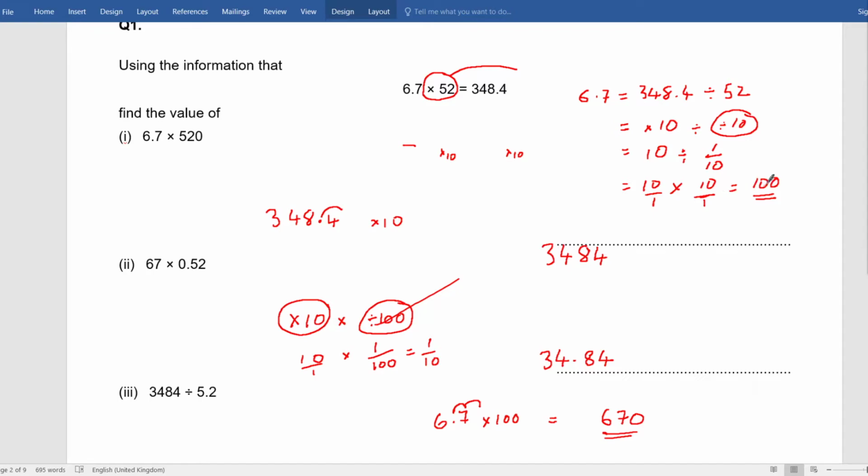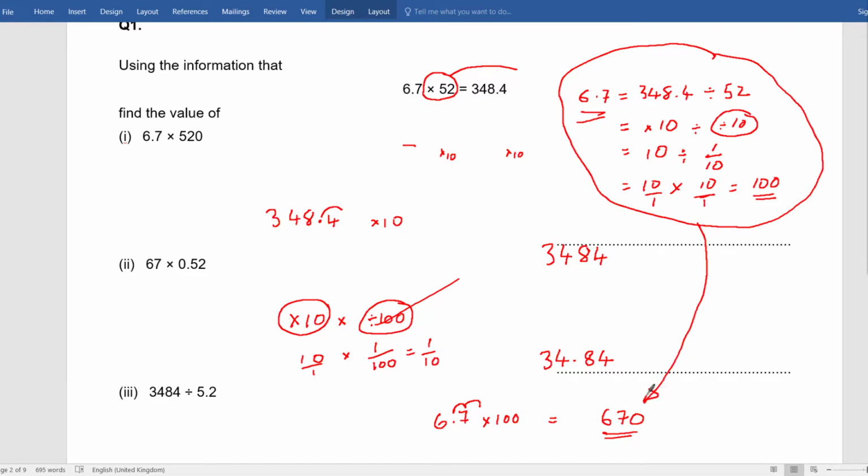So 10 times 10 is 100, over 1 is just 100, so implying that this answer here becomes 10 times bigger. So I'll put a big circle around here. That is to recap what happens here. Okay, right, we'll move on to question 2.